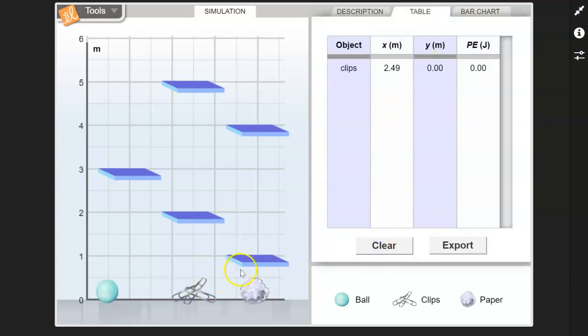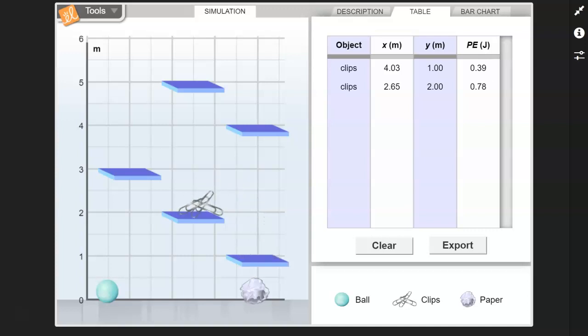The first thing I'm going to do is show you what a data table might look like when I'm collecting information about the relationship between the mass of an object and its gravitational potential energy. I'm going to start with the paper clips. If I put the paper clips on the first shelf, there is 0.39 joules of gravitational potential energy.